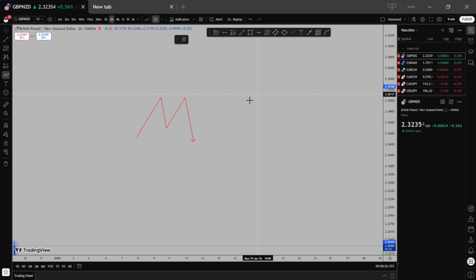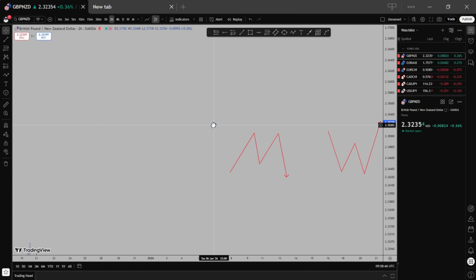Where you see the double bottom, right? That's also liquidity. And then the trend line liquidity, where you have a bullish trend but it's following a trend line. Yes, those are forms of liquidity, but liquidity is more than that, guys.